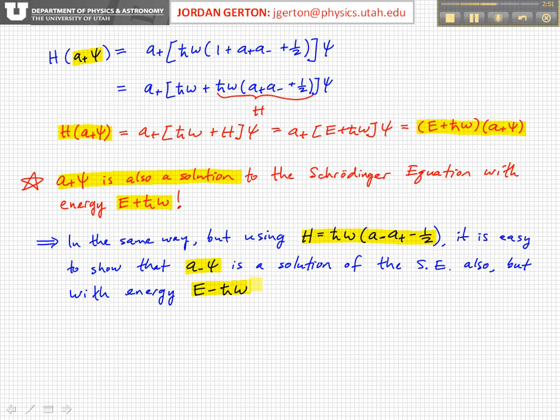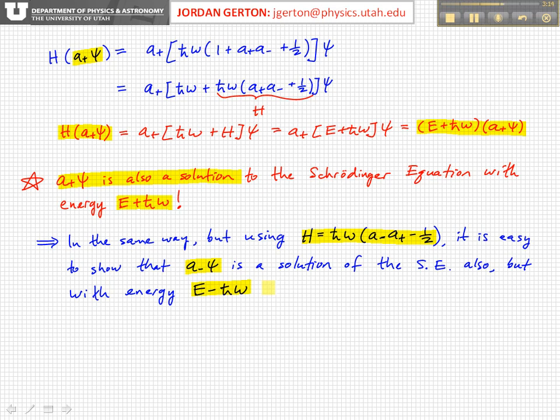Okay, a plus acting on a wave function gives us a new wave function, a new eigenfunction, which is a solution to the Schrodinger equation, but with the energy raised by a discrete amount h bar omega, and a minus lowers the energy by h bar omega.